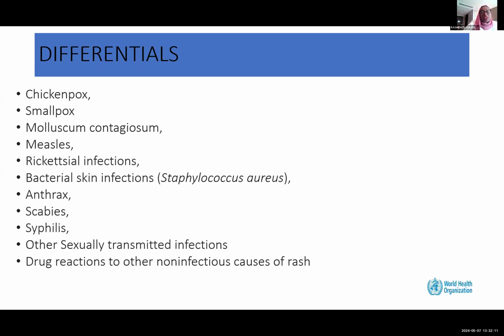We could also think of measles, rickettsial infections, bacterial skin infection, anthrax, scabies, syphilis, other STIs, drug reactions, and also allergies. But in most of the cases, let us also be mindful that people with mpox could have co-infections.